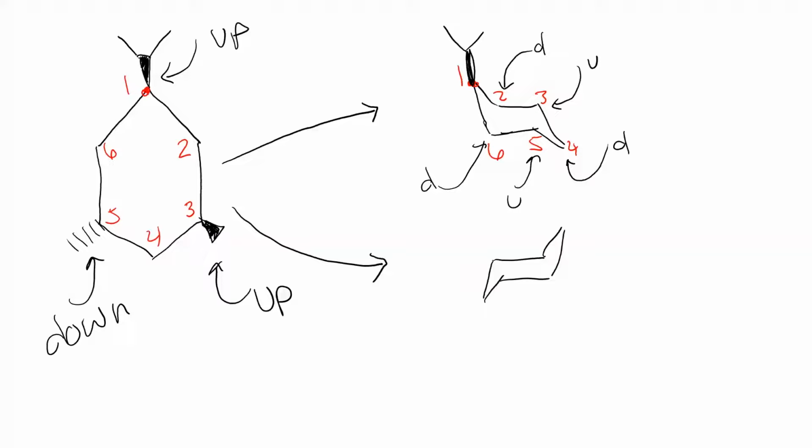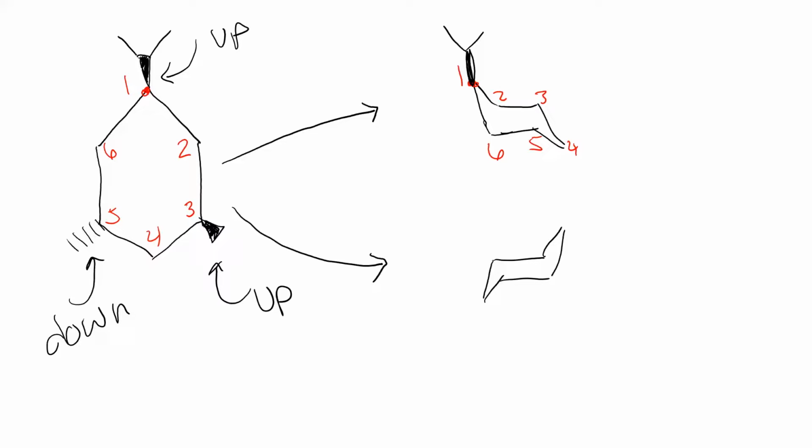Because I always remember that, for example, here, the axial is up and the equatorial is down. And again, it's just going to alternate as you go around. And the same is true for the axial position of each carbon.